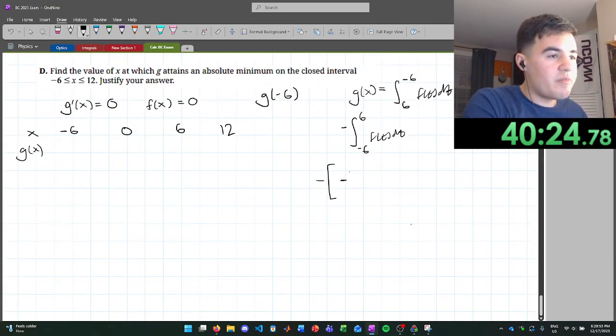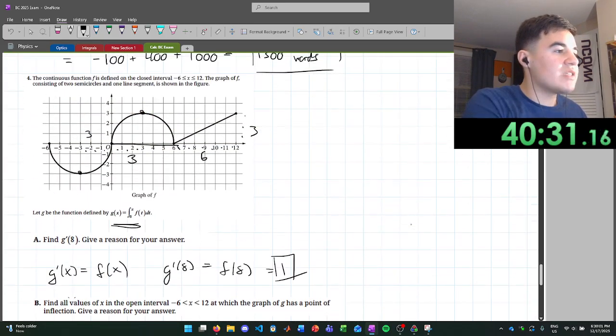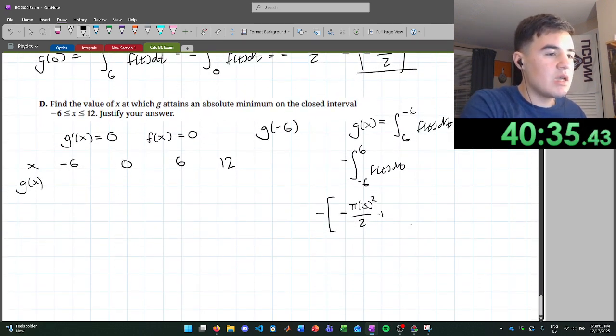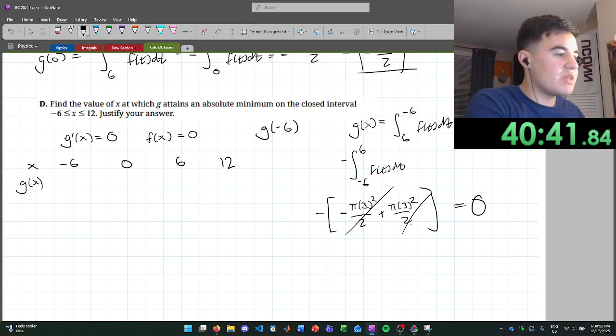It's going to be negative pi 3 squared over 2. And then we're going to add the positive area of this semicircle of radius 3, so plus pi 3 squared over 2. They cancel out. So this one's going to be 0.